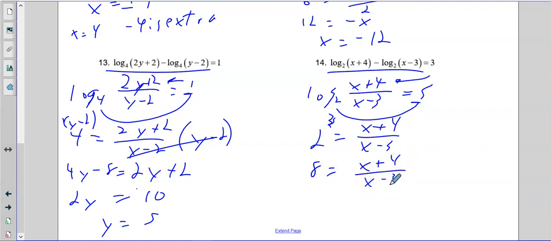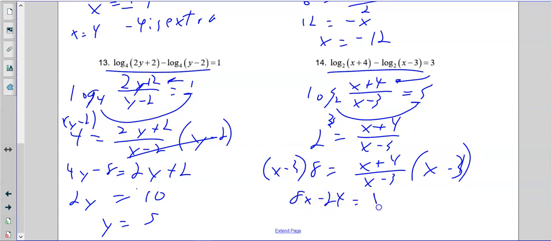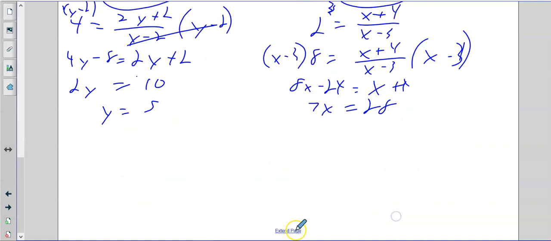I don't know why I didn't, but there you go. Multiply both sides by x minus 3. Distribute the 8. X plus 4. I'm going to subtract x, give me 7x. I'm going to add 24, which will give me 28. And then when I divide by 7, x is 4, and that's it.